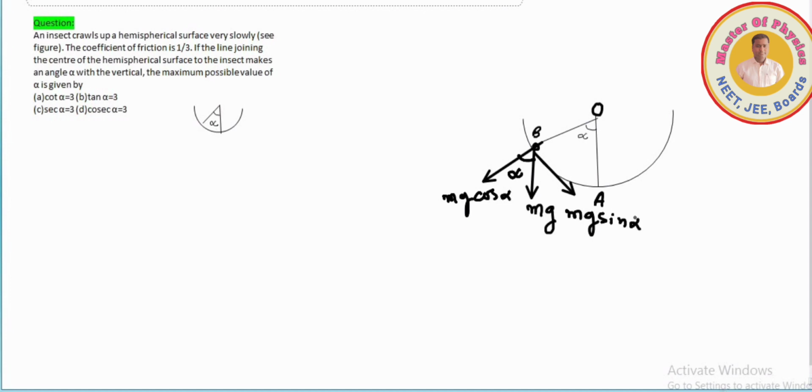Now what happens? At the point B, the normal reaction is capital N along BO. Here the normal component is balanced by the component of weight mg cos alpha.